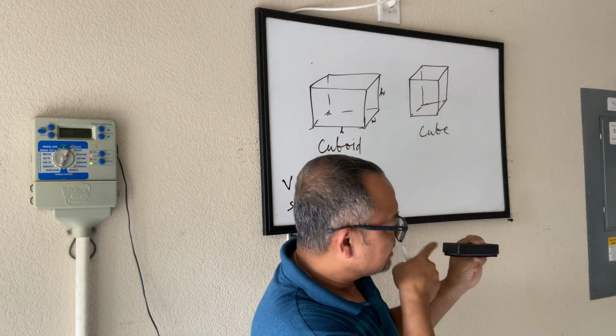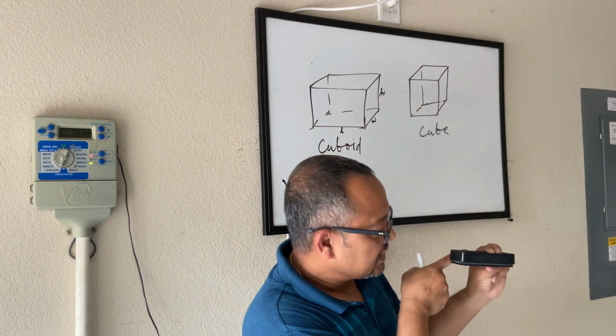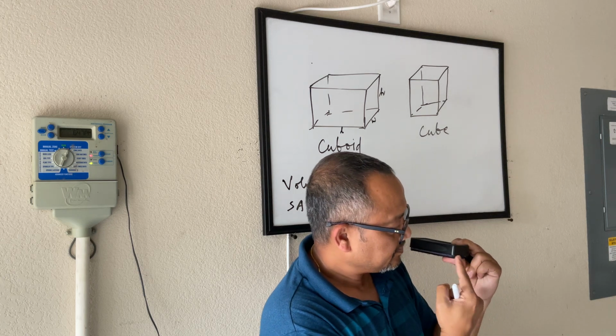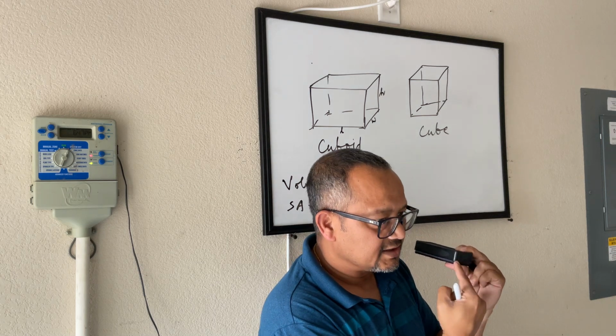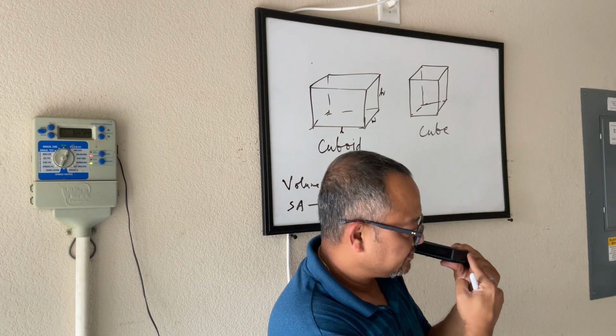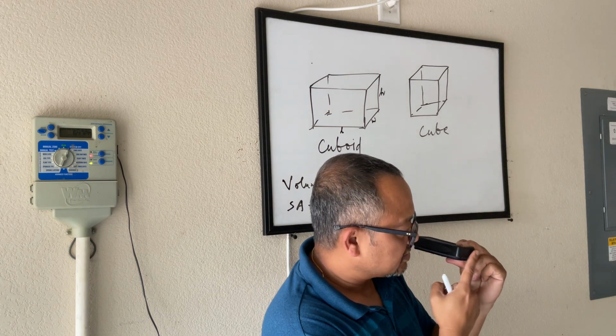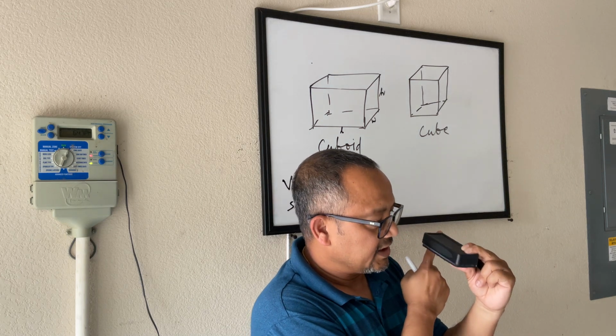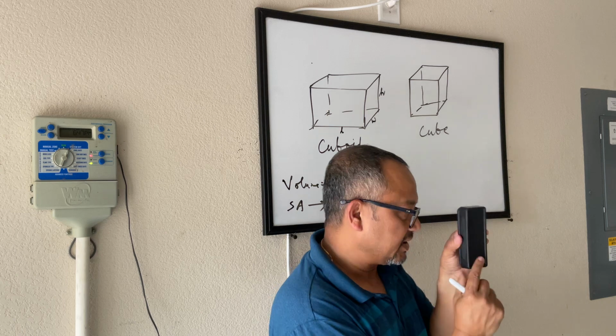So 2 times length into width. Now this one, this is my width, and this is my height. This area is, again, a rectangle, 2 times width into height. 2 times of this also, because I have something in the back which I am not able to see right now.